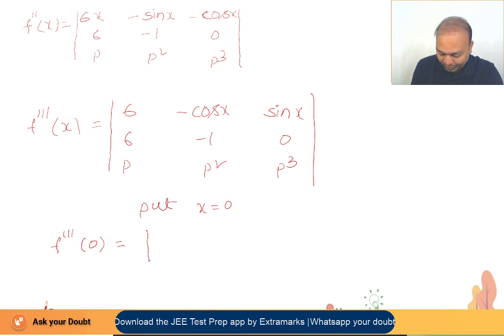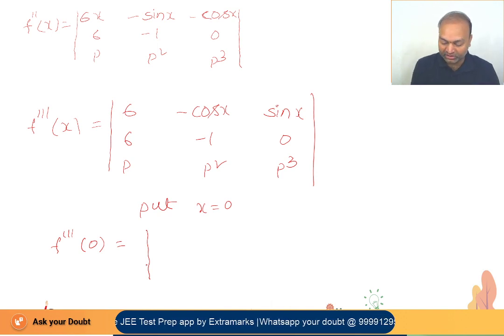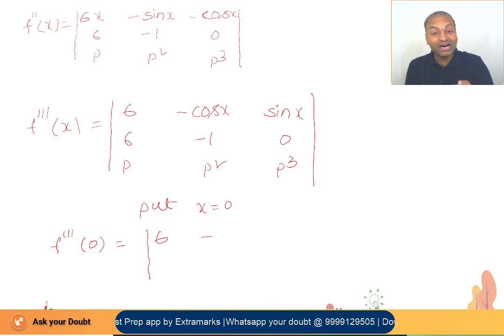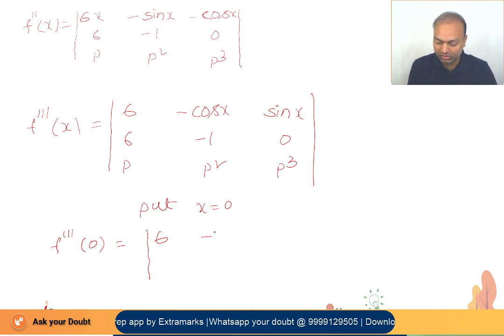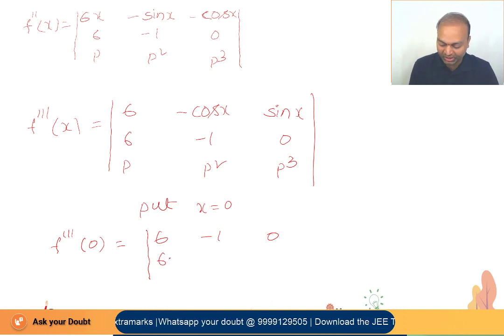The answer will be, in this determinant you put x equal to 0. Okay. 6, minus cos 0, how much? 1. And sin 0 is 0. Second row, third row are constants, so as it is I am writing 6, minus 1, 0. Third row is p square, p, q.